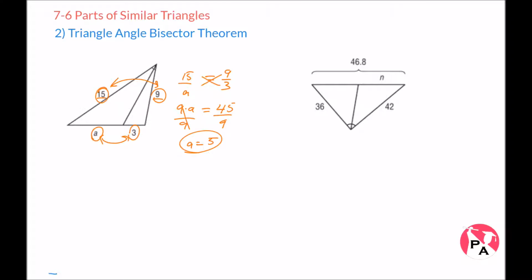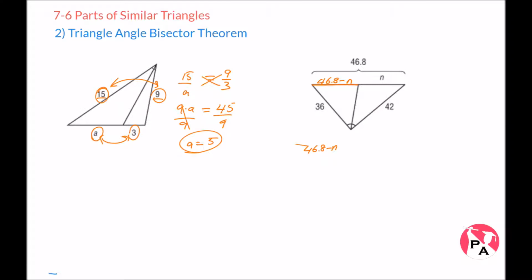But we cannot actually, so instead you're going to write 46.8 minus n for this orange segment. I know if I subtract it, I will get the measure of it, but I cannot subtract actually, so that's why I'm going to leave it like that. Now I can write down the proportion to solve it. I'm going to put these two together and then these two together.